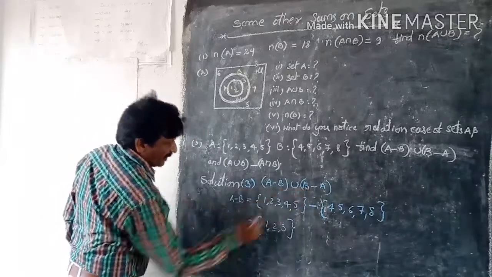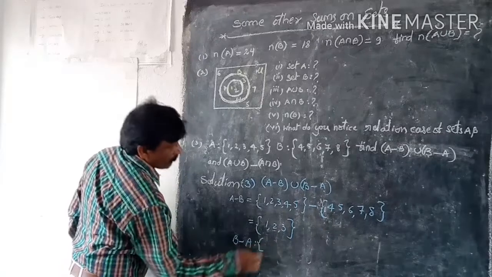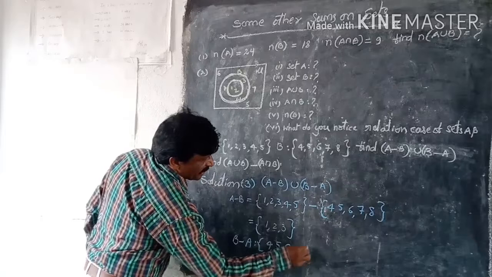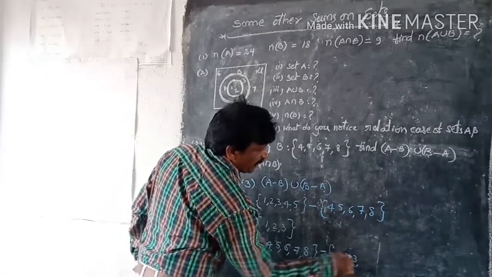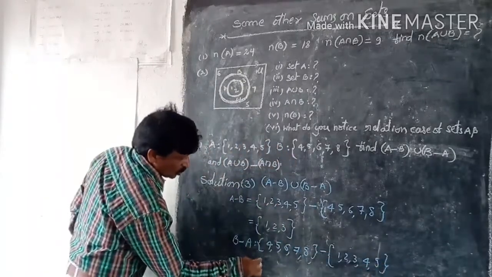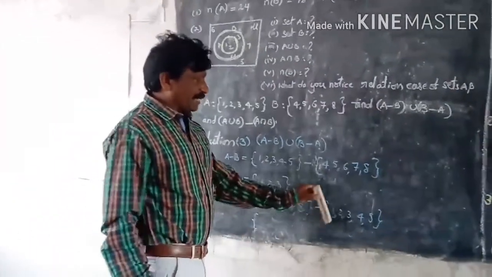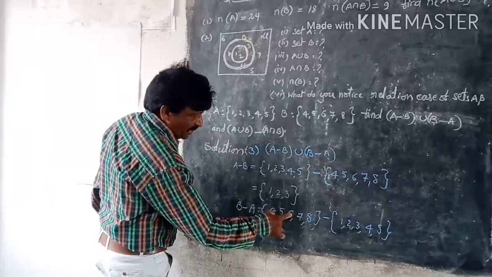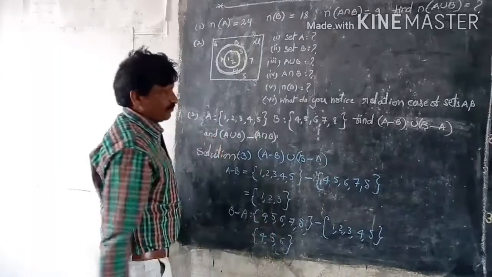Next, B minus A. B, 4, 5, 6, 7, 8, minus A, 1, 2, 3, 4, 5. B minus A: the elements are in B, not in A. So 6, 7, 8.